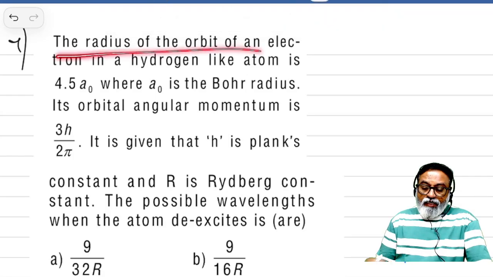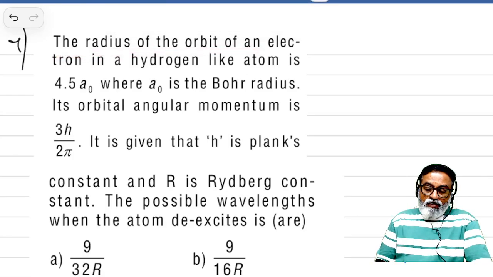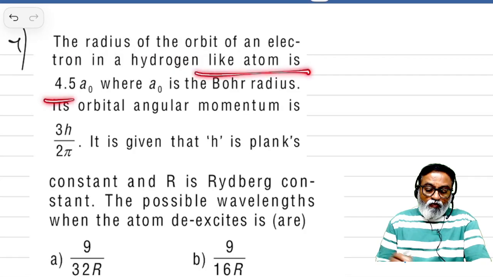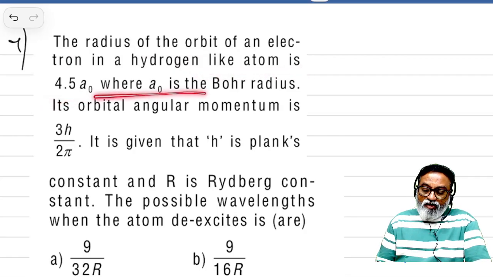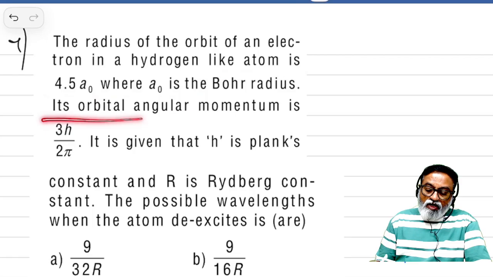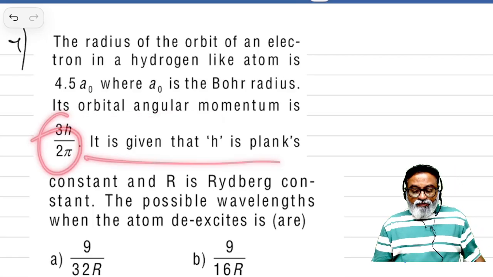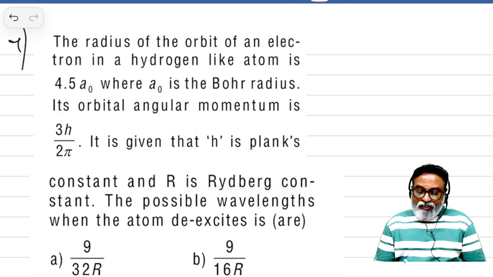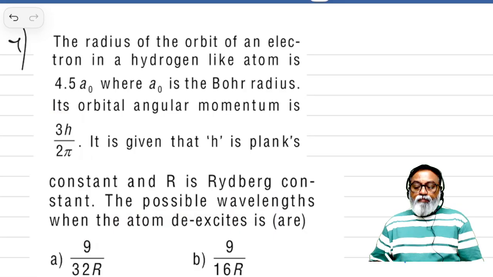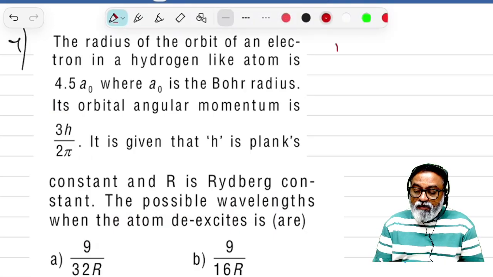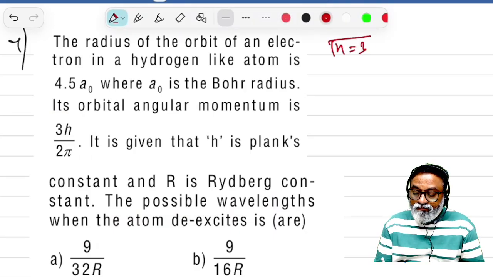Next, the radius of the orbit of an electron in a hydrogen-like atom is 4.5 a0, where a0 is the Bohr radius. Its orbital angular momentum is 3h by 2 pi. It is given that h is Planck's constant and R is the Rydberg constant. What are the possible wavelengths? Here, L is equal to 3h by 2 pi, means nh by 2 pi, so n is 3.